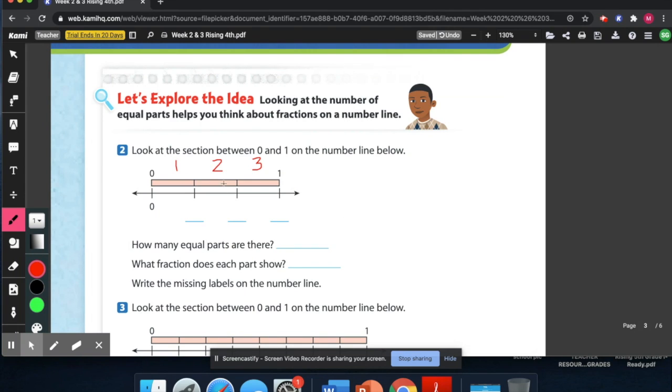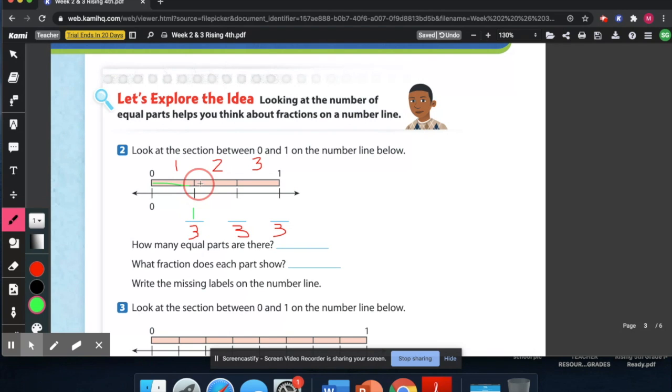So I know I have 3 equal parts. I can go ahead and write in my denominator 3 for each tick mark. Now I have to figure out what's going to go on top. Now it's asking what each tick mark is representing. So my first one, 1. I have 1/3 there.